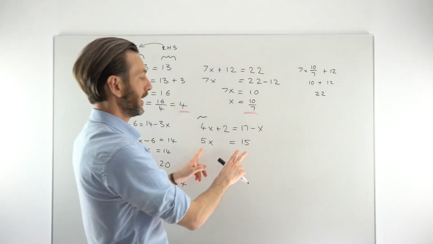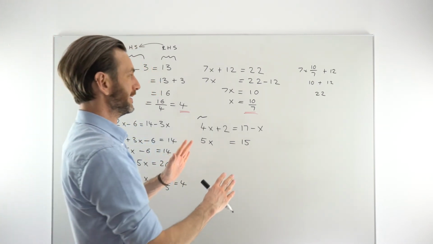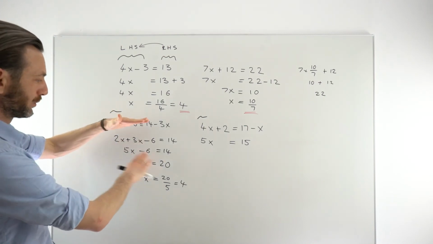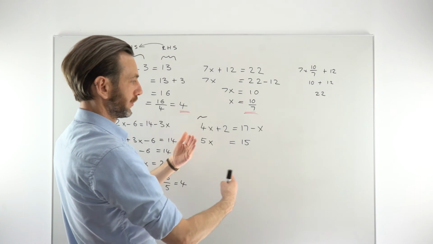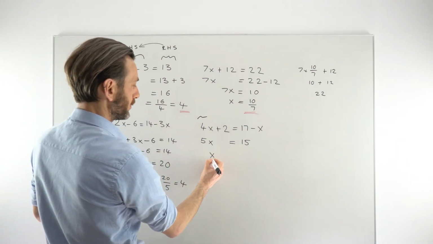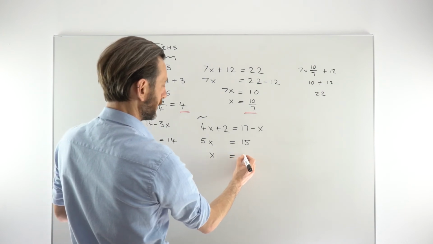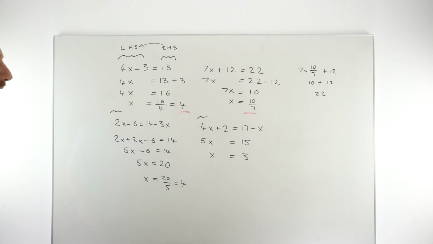The only thing I would say with that at first, if these are new to you, just be ultra careful with those. Maybe take enough lines of working initially until you're comfortable, and then you'll just naturally start to do more than one thing on each line of working. So dividing both sides by 5, we would get x equals 3. And that's our solution for that guy.